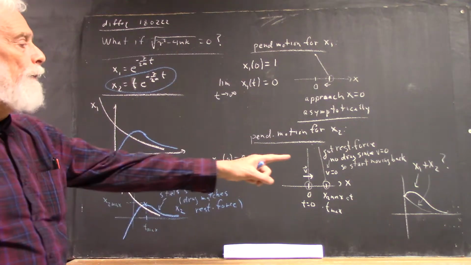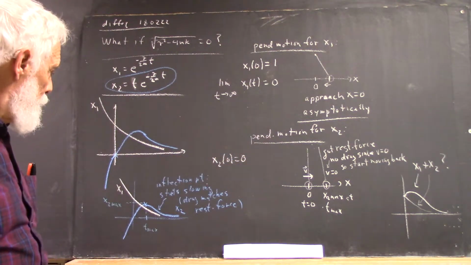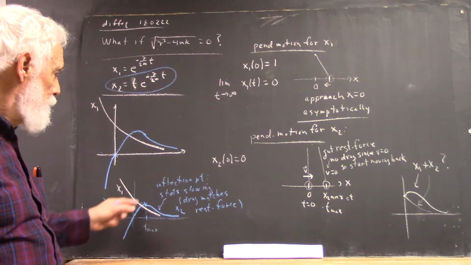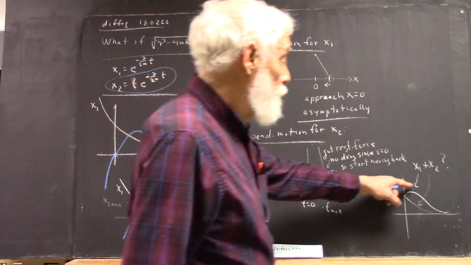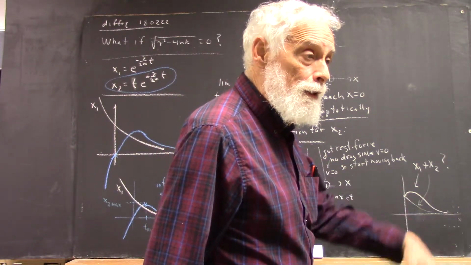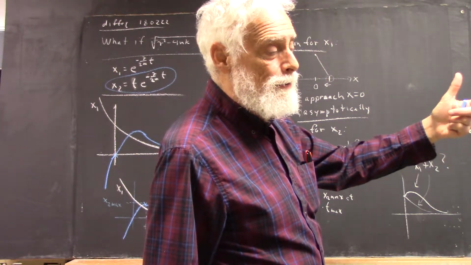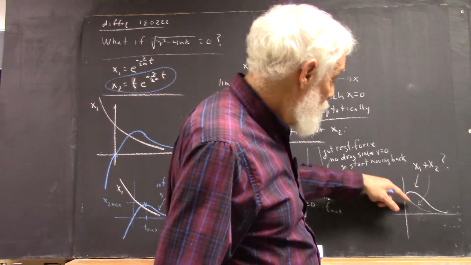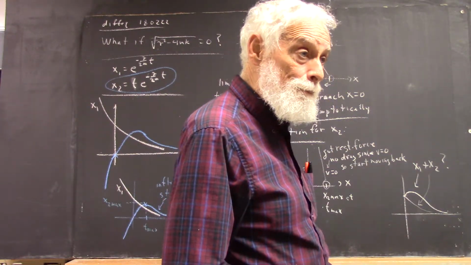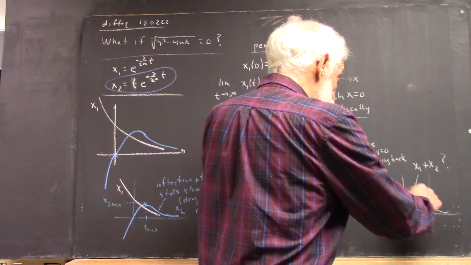Well, you could have either behavior. If the negative velocity exceeds the positive velocity, just add a bigger multiple to this one and you can get this, right? And if the positive velocity exceeds the negative, add more of x1 and you could still get this, okay? So anything in between this and this.